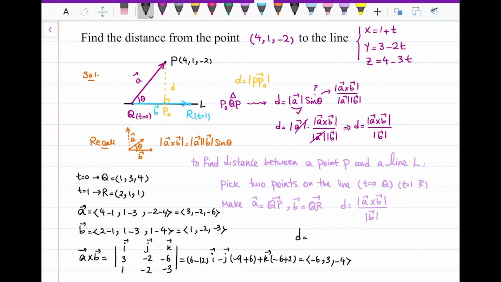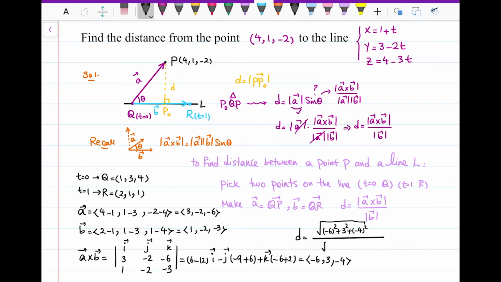So D would be the length of this vector, which would be a fraction. The length of the vector would be negative 6 squared, which would be 36. Let me write all the steps, plus 3 squared plus negative 4 squared over the length of the vector B. Where is B? Is here.